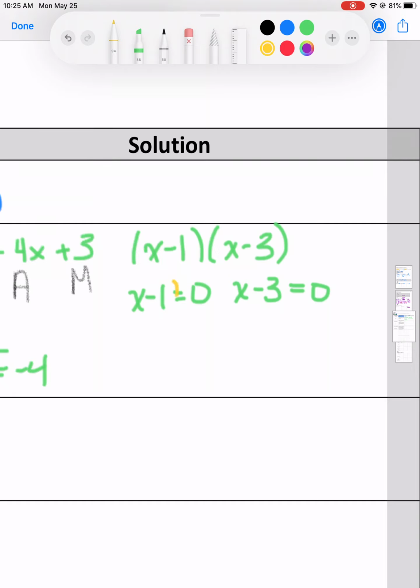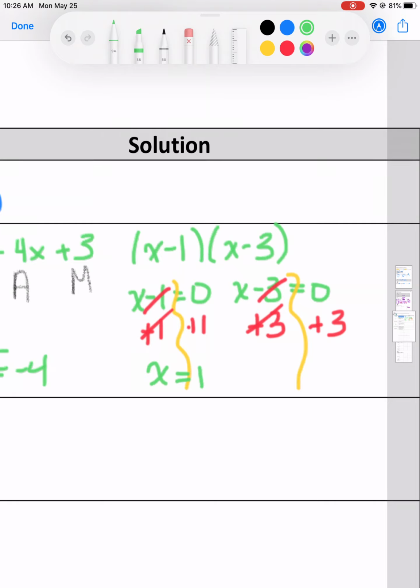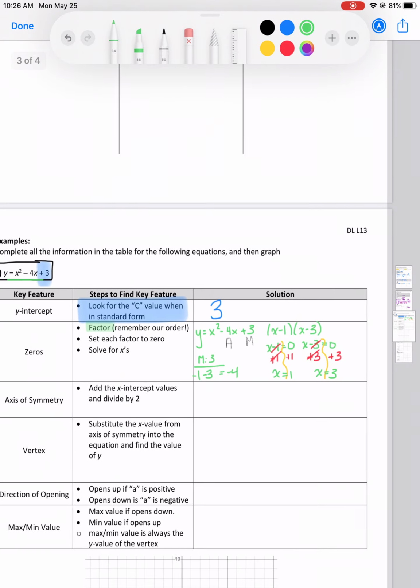Left side, right side. Again, if you can skip this step, please do, by just telling me what the zeros are. Those two cross out. X is equal to 1. X is equal to 3. So those are my x-intercepts.